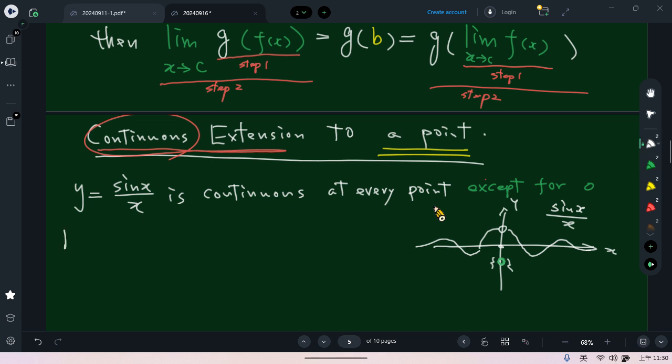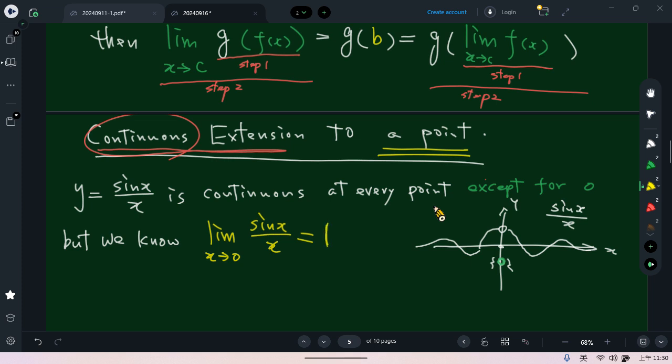But we know the limit as x approaches 0 of sin x over x. What is that? It's 1, yes, right?